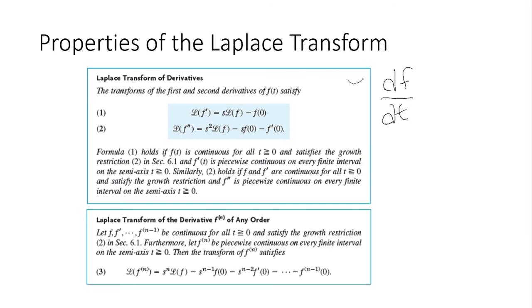If we take the Laplace transform of this differential with respect to time, we end up with an algebraic expression. We can just take our Laplace variable s and multiply it by the transformed function F of s. We also will need to subtract the initial condition in the time domain, so f of 0.